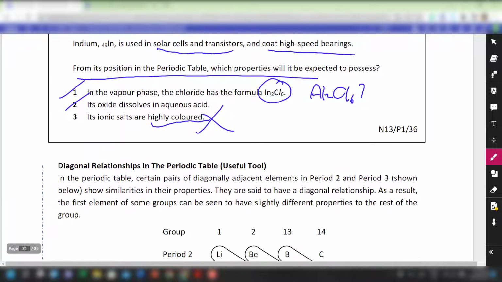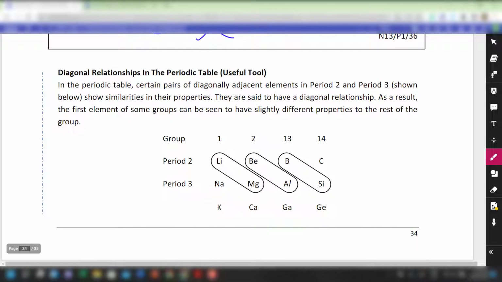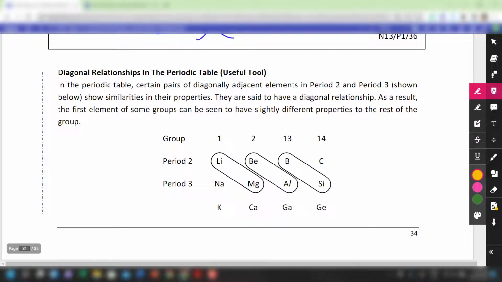Next we have the diagonal relationship. This is very ancient, and there are usually 3 pairs of elements which we call having a diagonal relationship. So that is lithium and magnesium.